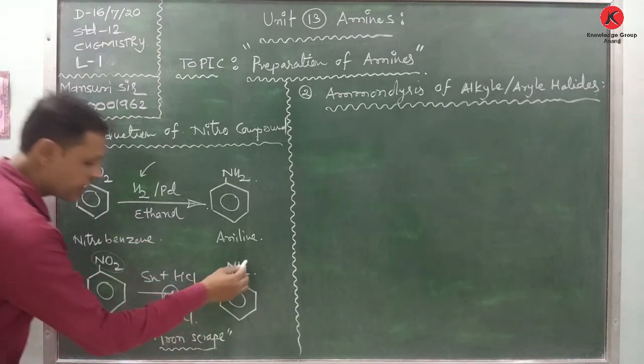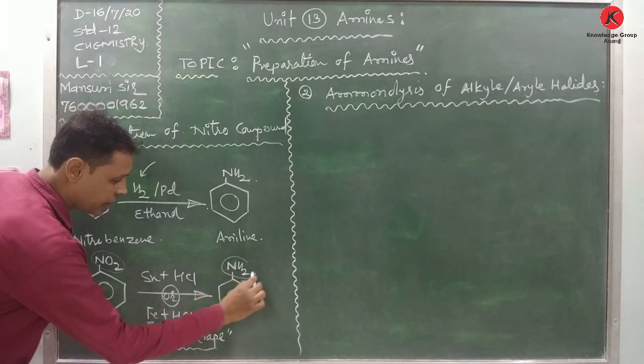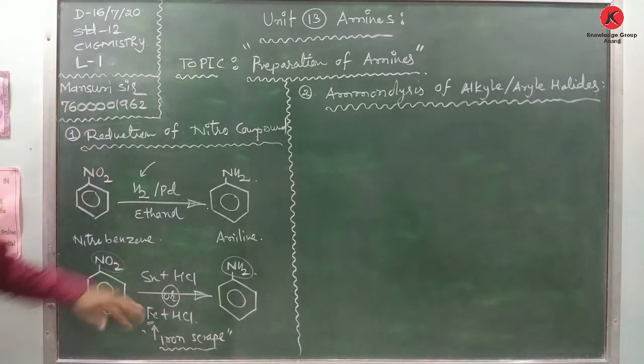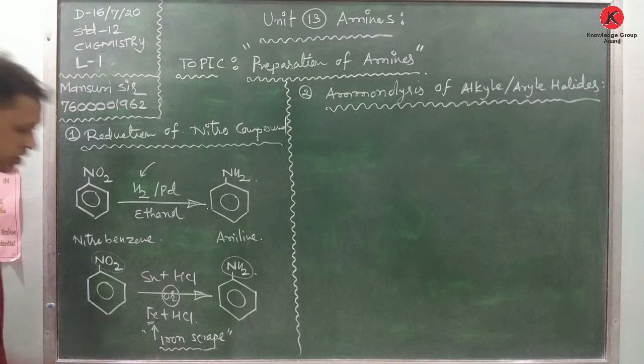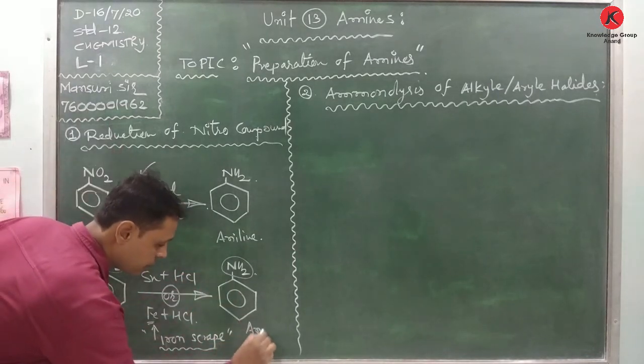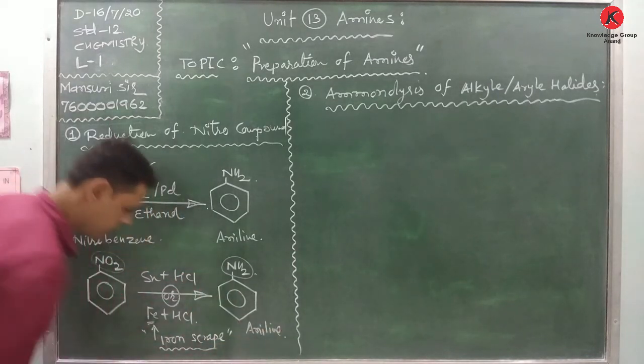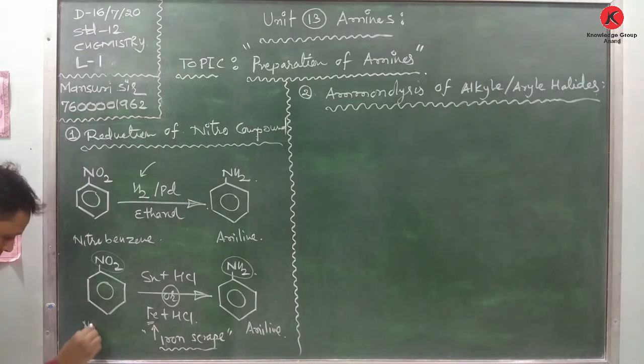Now we can say that nitro compounds are reduced to amine compounds. This is my aniline. This is nitrobenzene.